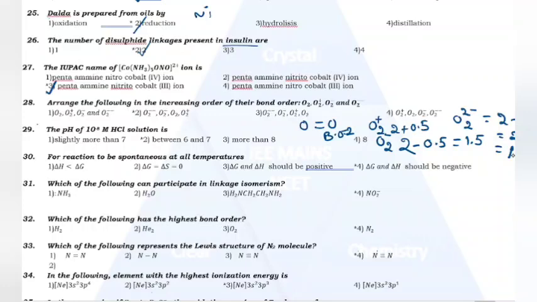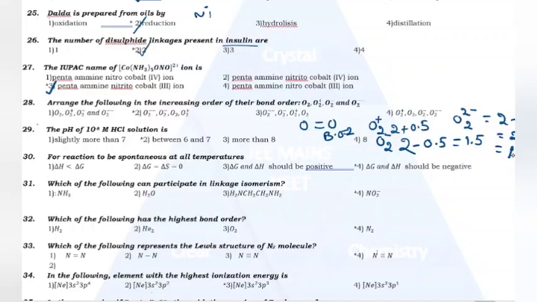Now, let's move to the 29th question. The pH of 10 power minus 8 molar HCl solution is. Whenever we see this 10 power minus 8 molar HCl solution, immediately we need to recollect that water itself has 10 power minus 7 H plus ion concentration.